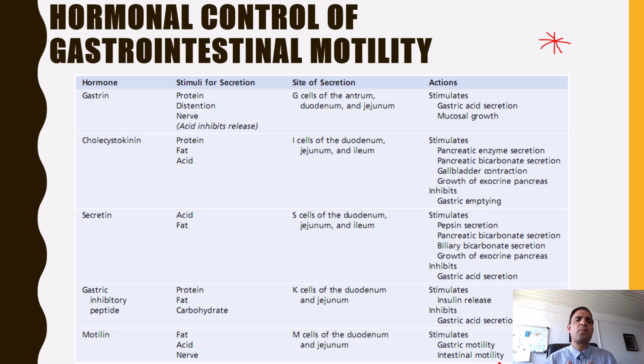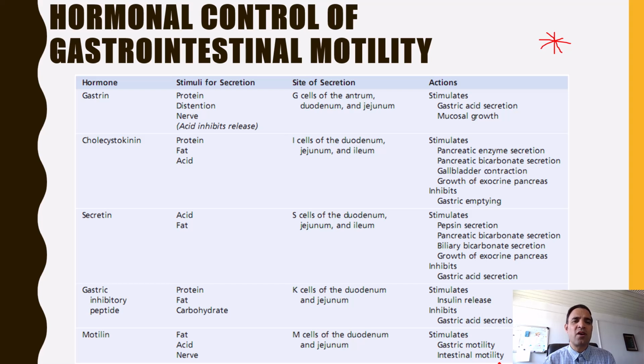There are several other paracrine factors also that work locally, such as histamine, and all these factors will work to regulate the gastrointestinal system.